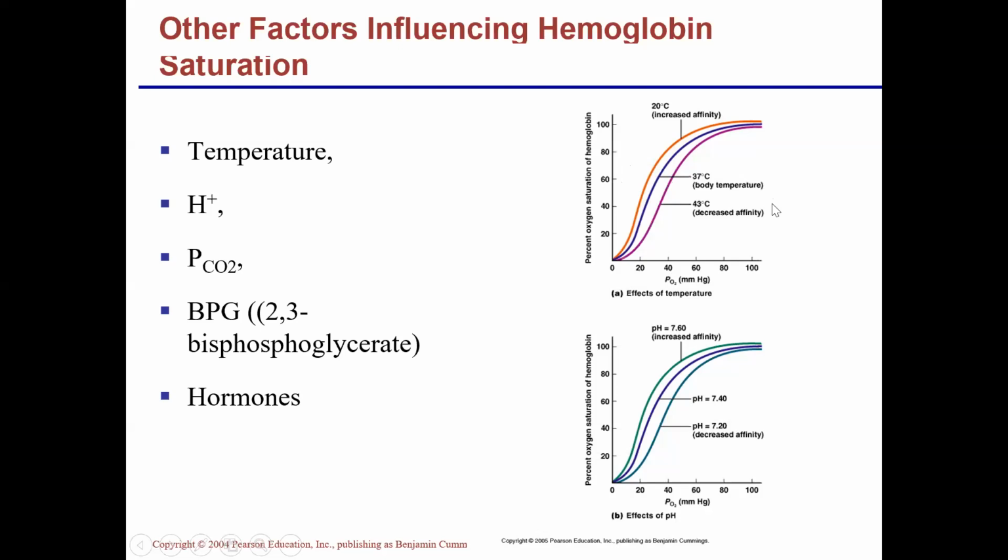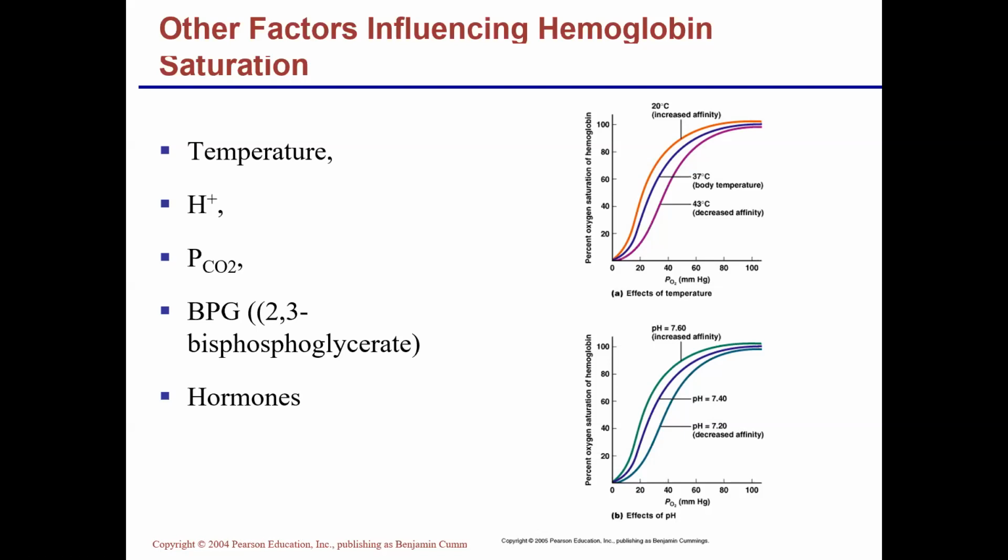That means if you increase temperature, more oxygen will unload from hemoglobin and get into the tissue cells. This is what we want because higher temperature generally means faster chemical reactions. Then you need to have more energy. You want to have more oxygen in the cells to make ATP.